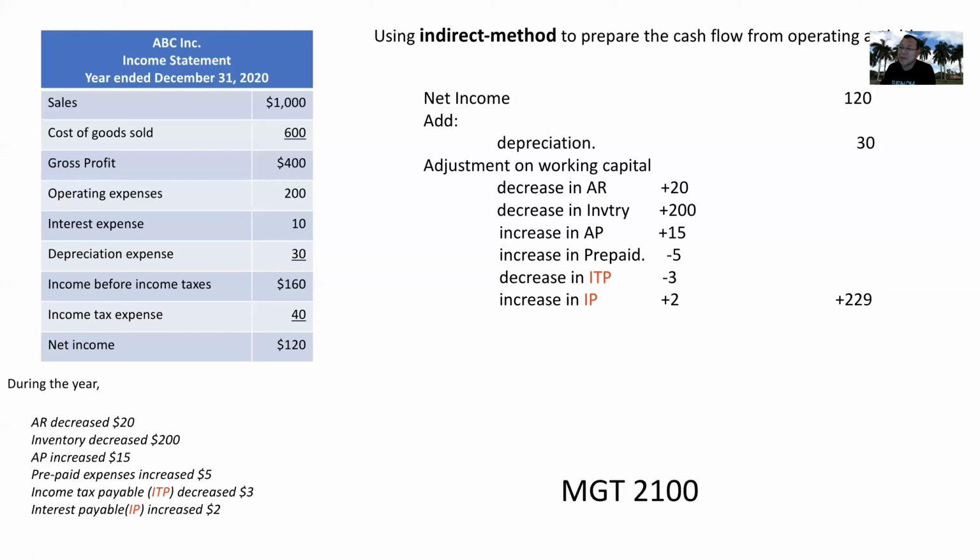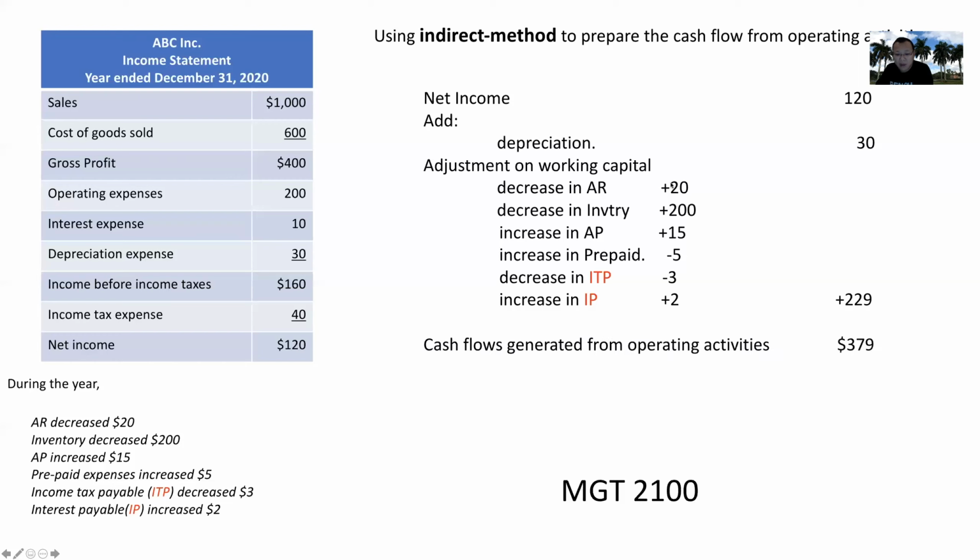That means you save your cash on your side. So you plus $2. Okay, so if I sum all these numbers up, 20, 200, 220, plus 15, 235, minus 5, 230, and minus 3, 227, plus 2, 229. That's the sum of these numbers together.